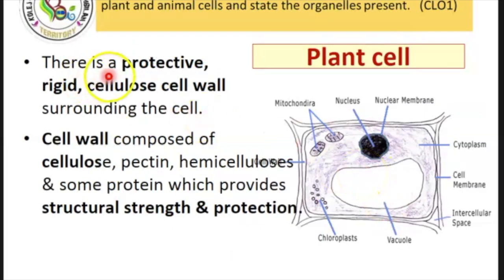In plant cell, there is a protective rigid cellulose cell wall surrounding the cell. The cell wall is composed of cellulose, pectin, hemicellulose, and some protein which provide structural strength and protection.